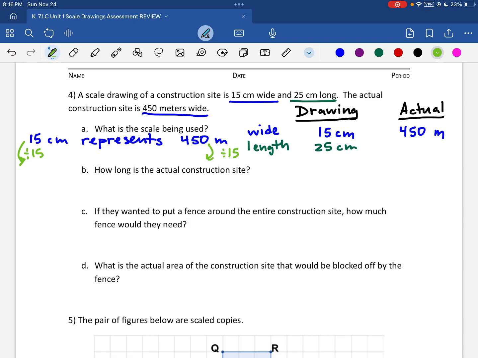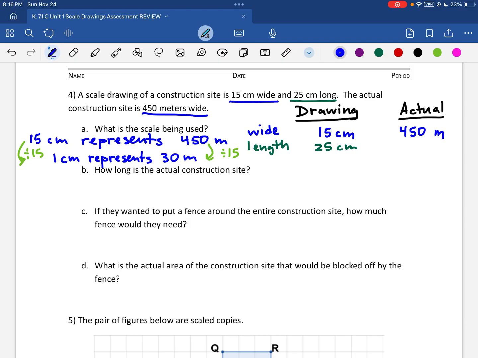When I do that, all I'm doing is simplifying the scale, and it's completely optional. 15 divided by 15 is just 1 single centimeter, and 450 divided by 15 is equal to 30 meters. So I could simplify the scale if I want to, and now say 1 centimeter represents 30 meters.